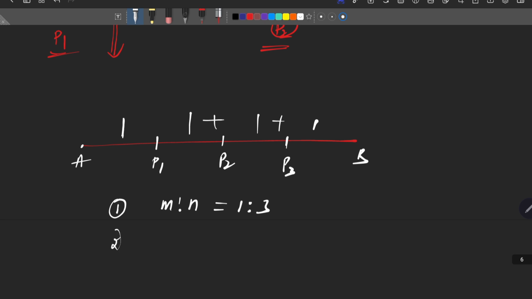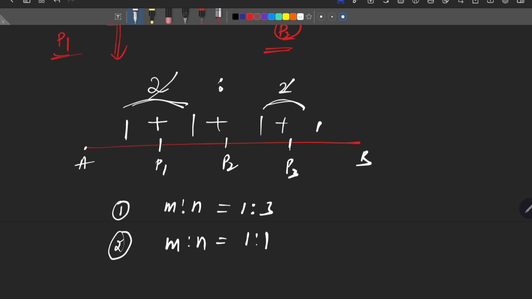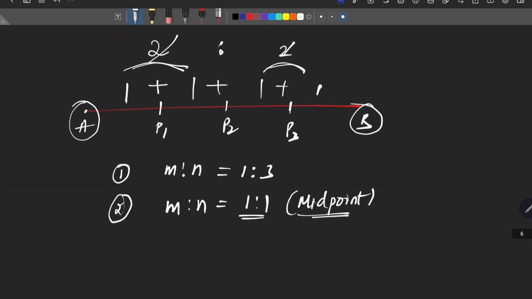In the second case, take these two parts together as 2 units and these two as 2 units, and 2 is to 2 gives 1 is to 1. So m is to n is 1 is to 1, which means I can apply the midpoint. Remember, this is a midpoint. Second point P2 we get by applying the midpoint of A and B.